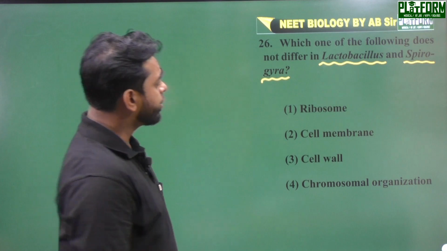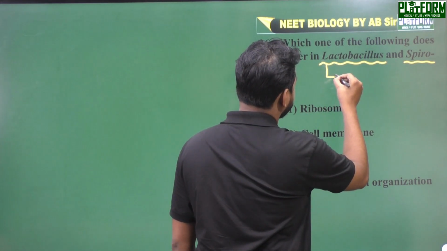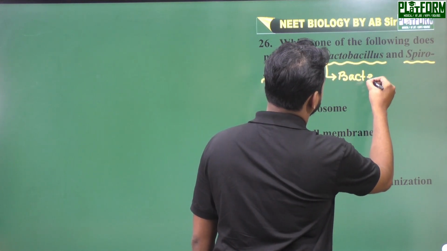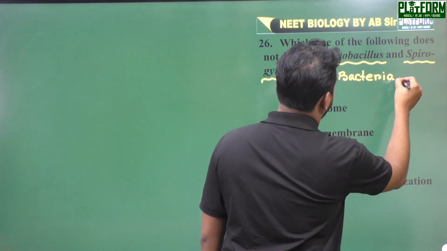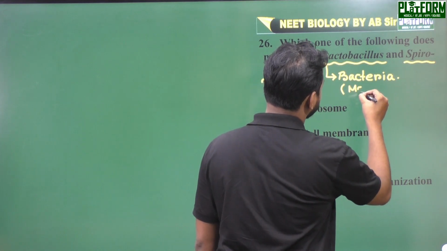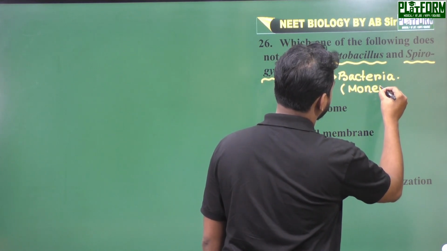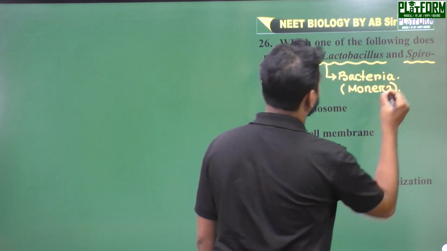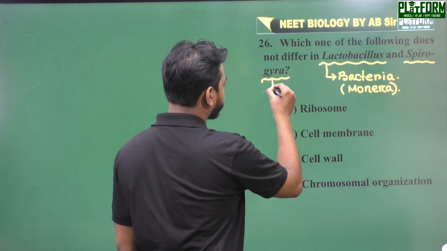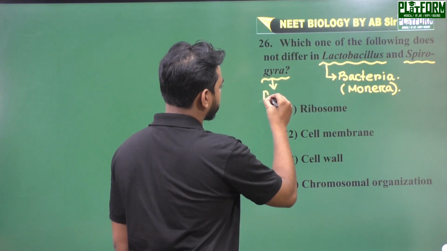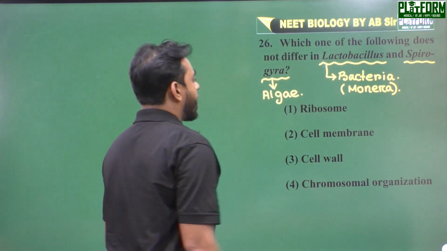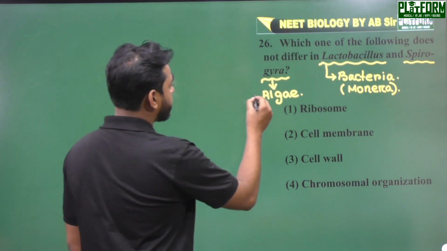Okay. Now we know that Lactobacillus is an example of a bacteria, and we know that bacteria are included under kingdom Monera. Whereas Spirogyra is an algae, and it is included under Plantae.